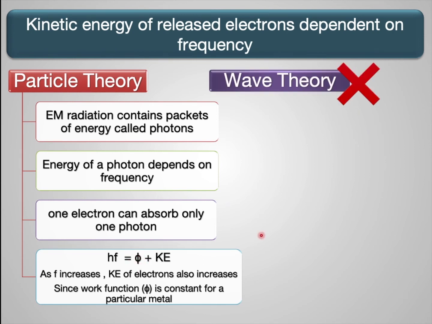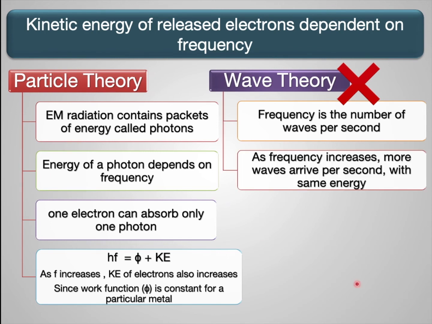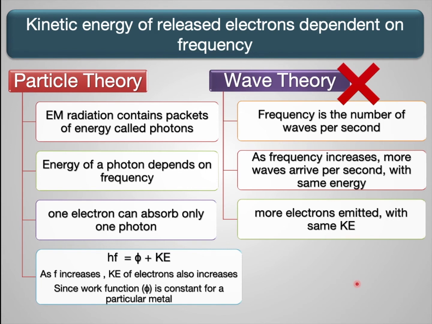But wave theory, which fails, explains that when you go from a blue light to a violet light, the difference is more waves. So more waves reaching will release more electrons but with the same kinetic energy, which is not observed.